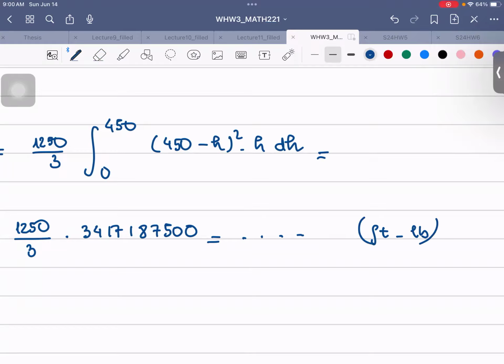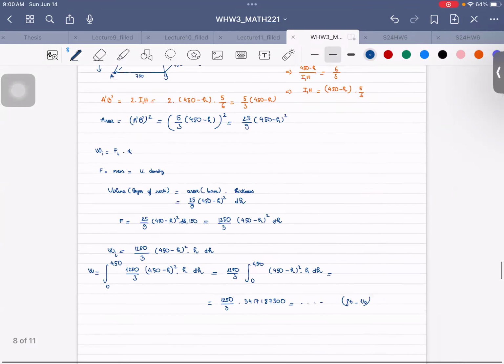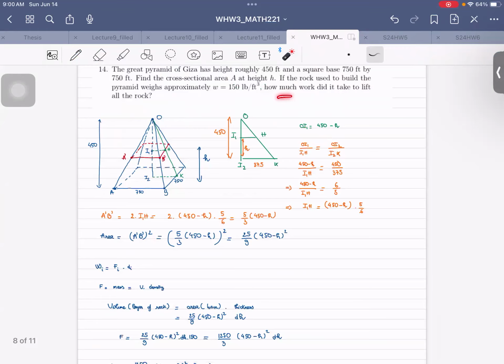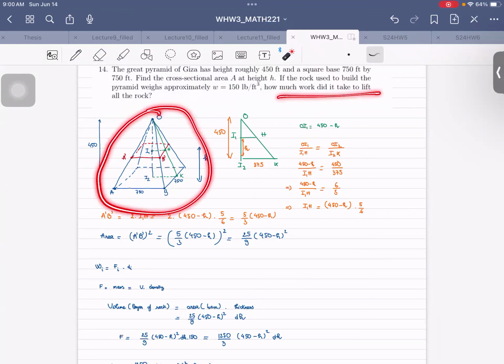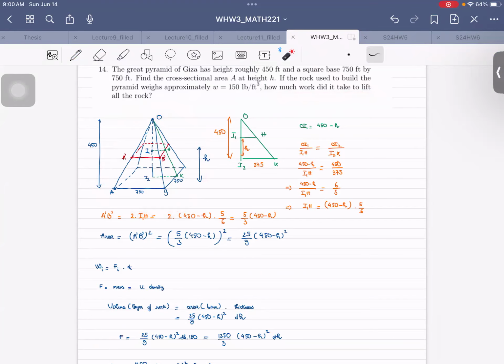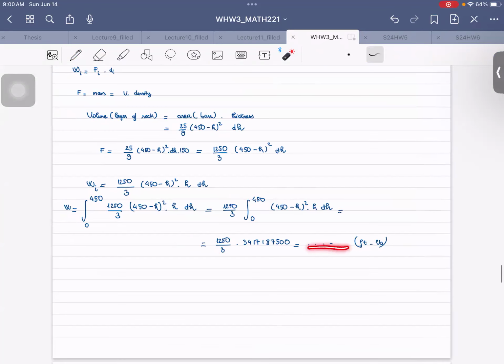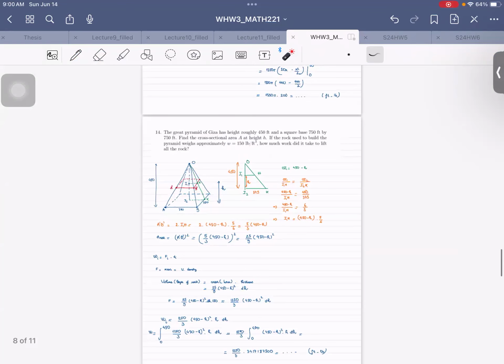So this is how you compute the work that is required to lift up the rock and build the pyramid of Giza. It should be a super large number. So to build the Great Pyramid of Giza, it requires a lot of work.